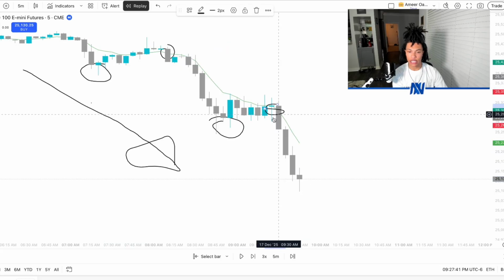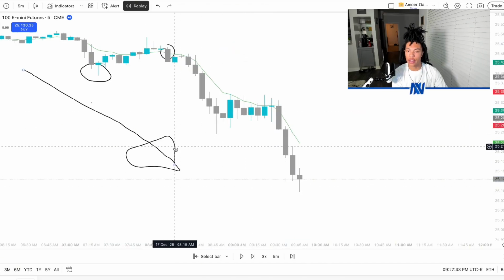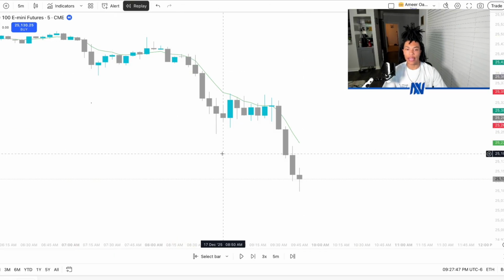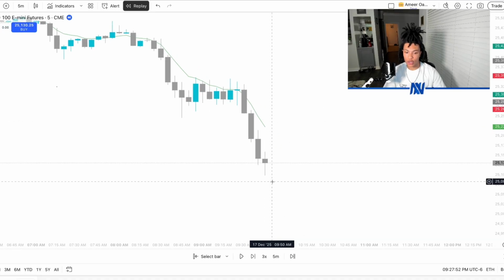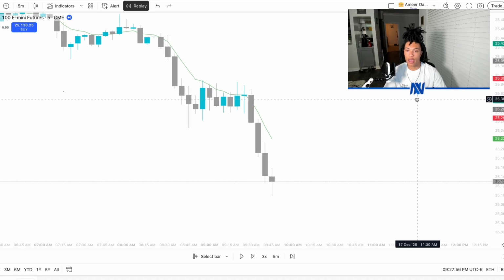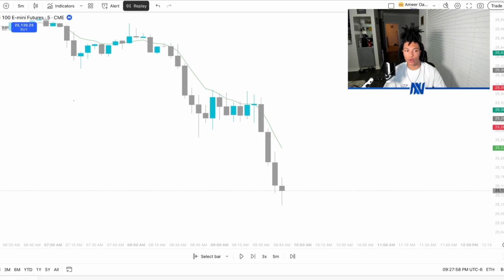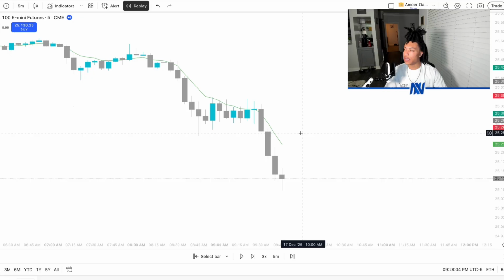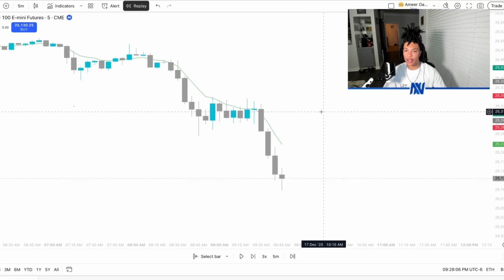So once we have that specific trend established, then we know exactly what direction we're going to be getting into whenever we get the last step whenever it comes to these trades. So now we're going to go over the last step, which is a clean rejection candle off of the 8 EMA. And we want to see some past historical data, like I mentioned before, to let us know that if we do get that clean rejection candle off the EMA, then it's going to do exactly what it's been doing prior to us entering the trade.